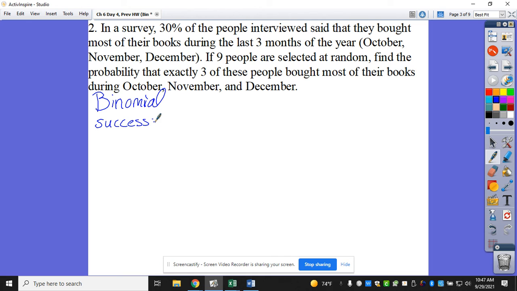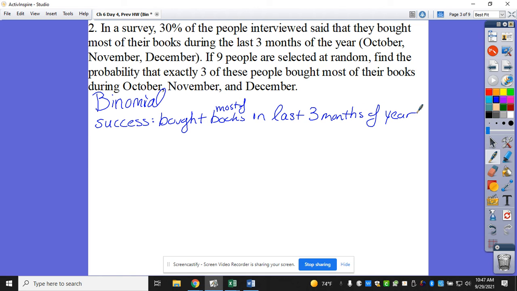In a survey, 30% of the people interviewed said that they bought most of their books during the last 3 months of the year. So success is that they bought most of their books in the last 3 months. What else do I need?